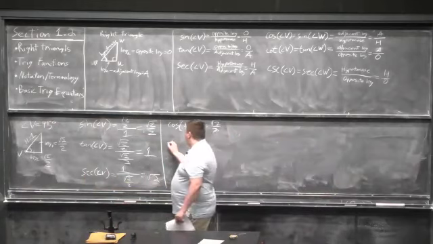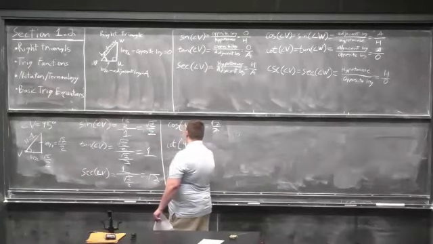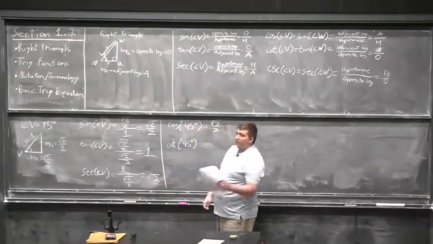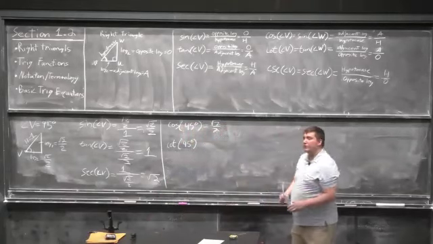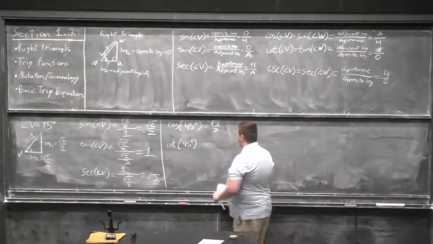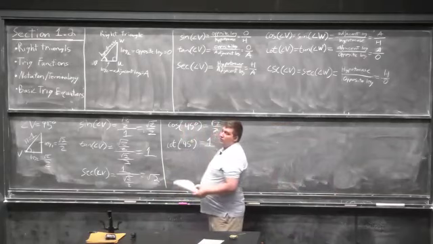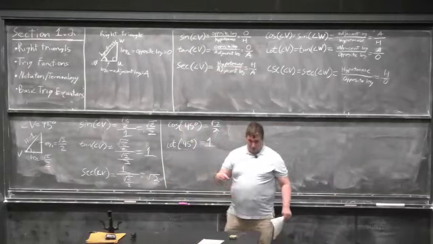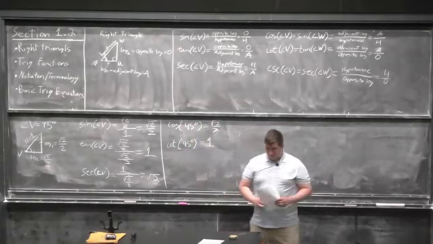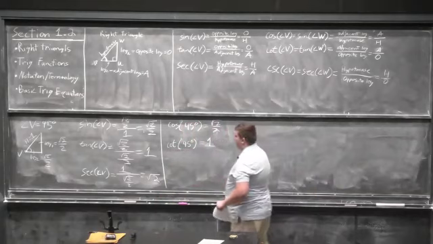For our cotangent, we can also think about this as 1 over tangent. So 1 divided by 1 is 1. But if we don't do that, we could also just find our adjacent over our opposite leg, and we'll get the same answer.